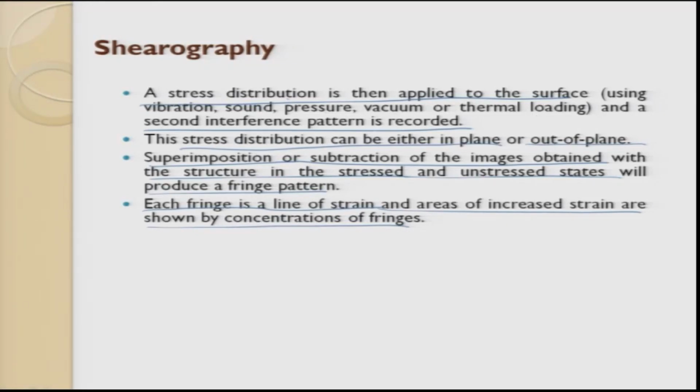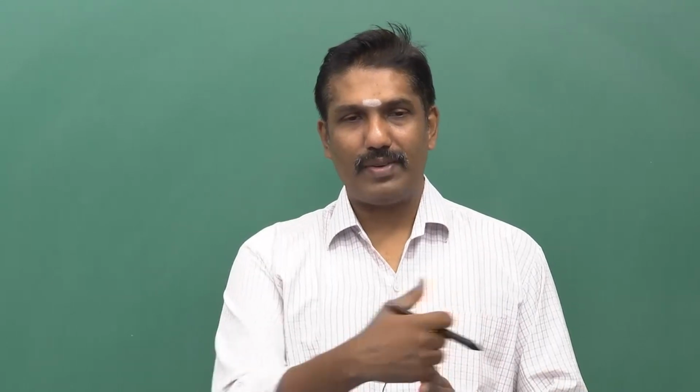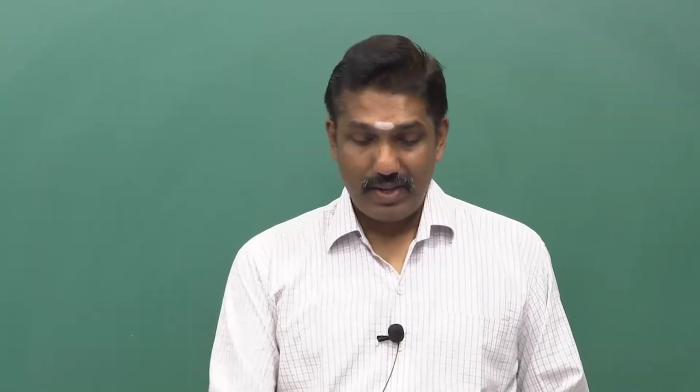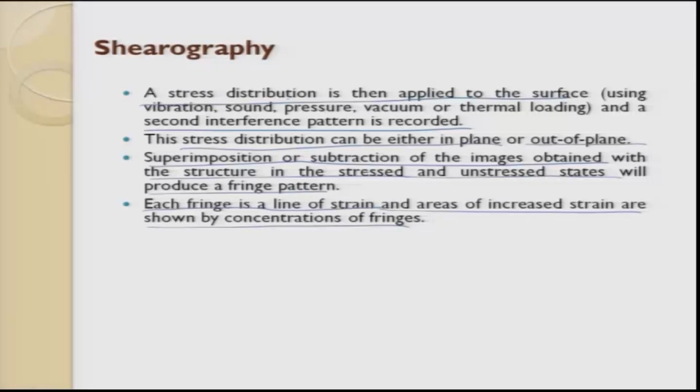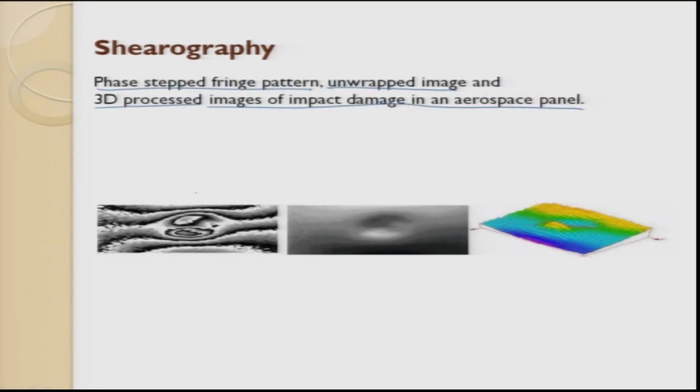The second interference pattern is recorded. First interference, second interference. The stress distribution can be either in plane or out of plane. The superimposition or subtraction of the images of the structure in stressed and unstressed state produces the fringe pattern, and with this fringe pattern you are able to record such defects.